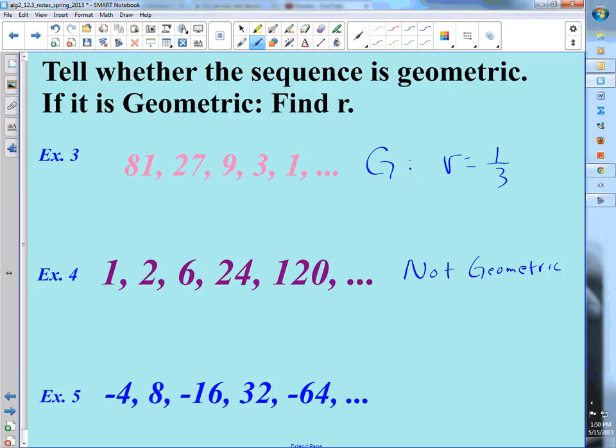What are we adding? I just want to know what we're adding. I want to know how you got from the first term to the second term. You said it's arithmetic, and I want to know what the common difference is.